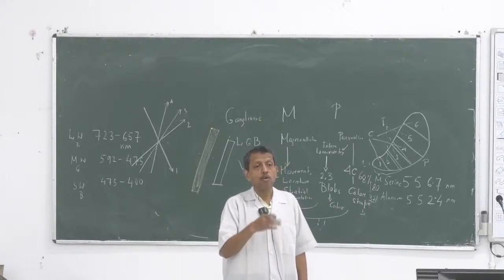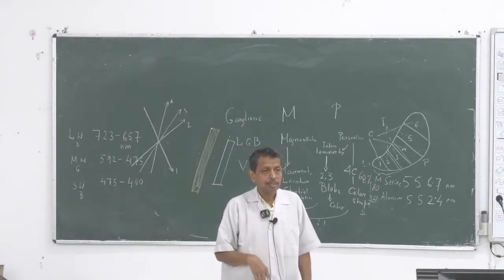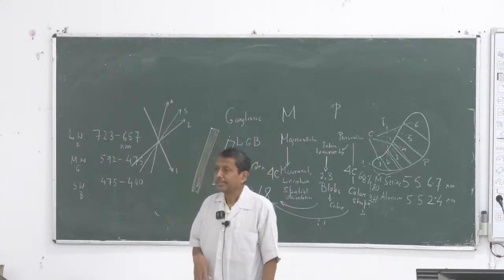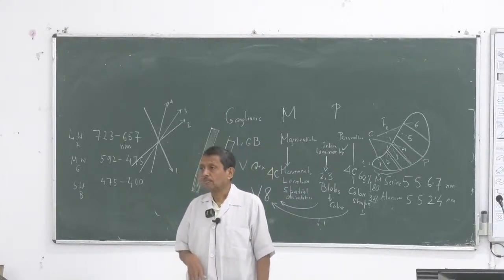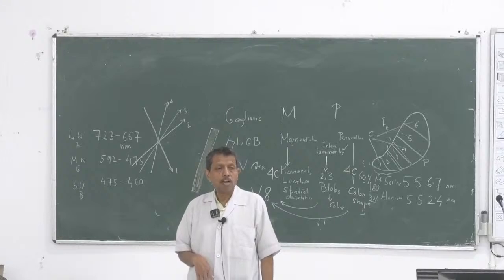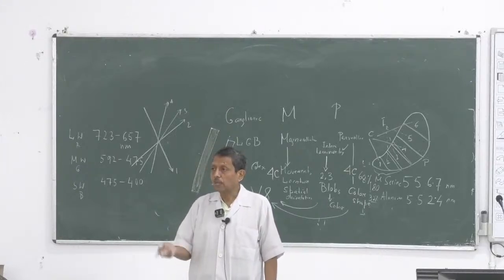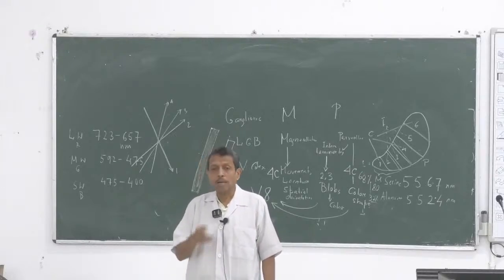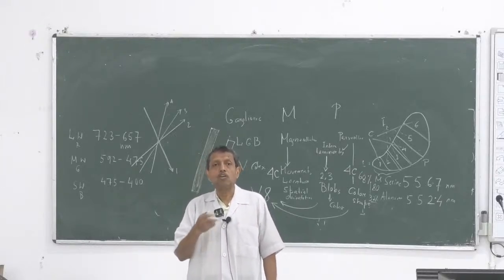They are anomaly and anopia. We are trichromats. It may be normal individuals or anomalous ones: protanomaly, deuteranomaly, tritanomaly. These are called weakness. Normal individuals are all trichromats.